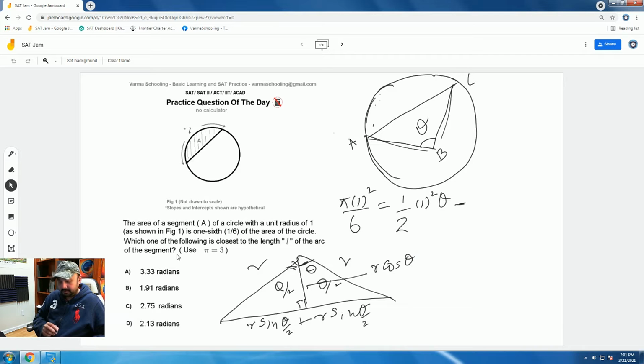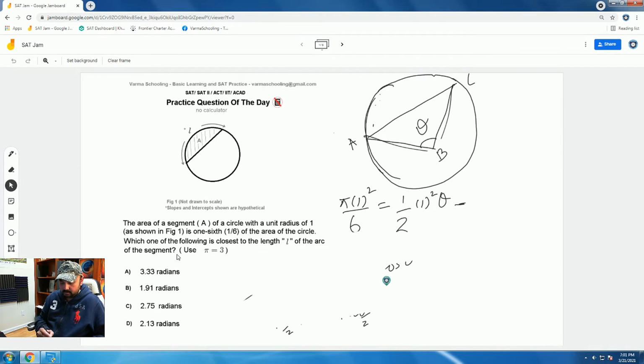So the area of our triangle is going to be half times base times altitude. We know that the altitude we just calculated is r cosine of theta by 2, so we plug that in. R is 1, cosine of theta by 2 because it's a half angle.